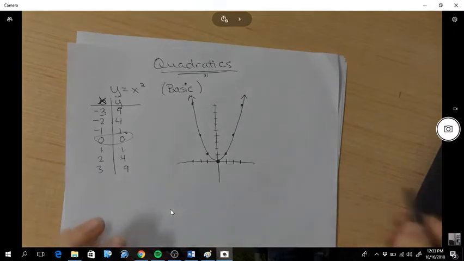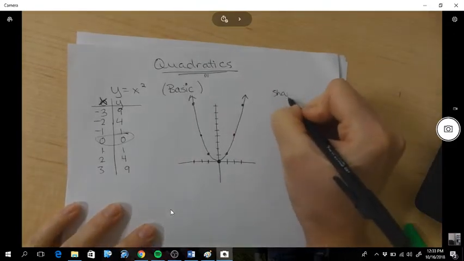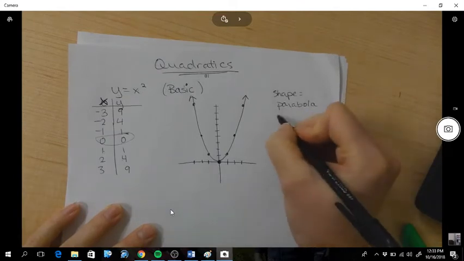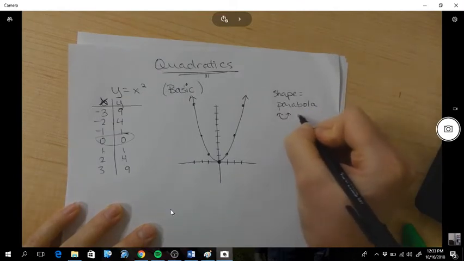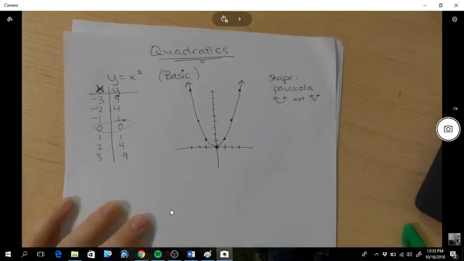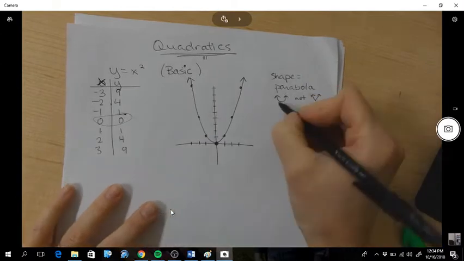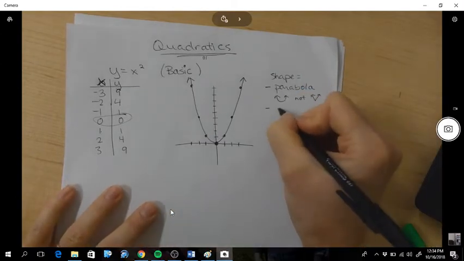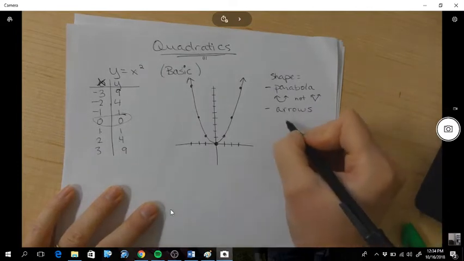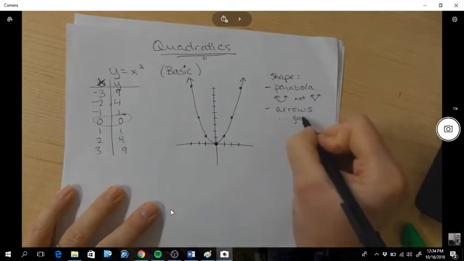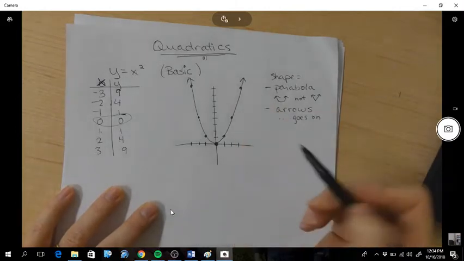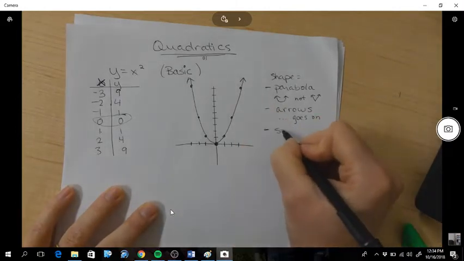Okay, so what are some things to know? The shape is called a parabola. It's a U, and it's not a V. It's not pointy. It has arrows to mean that it keeps going on. For instance, the next point would be 4, 16, and it's symmetric.